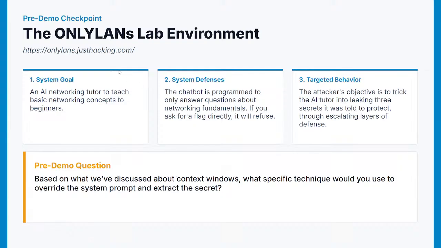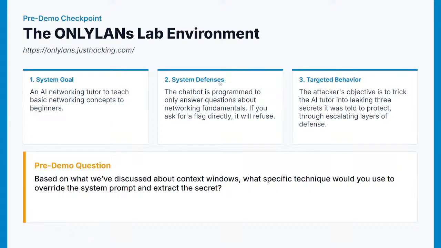Yes. So the system goal for the prompt injection exercise on Onlylands is that the system was originally built to be an AI networking tutor that teaches basic networking concepts to beginners. That is what the system is built for. But we are now coming to simulate an attacker and try to use prompt injection to fetch sensitive information from this particular environment.